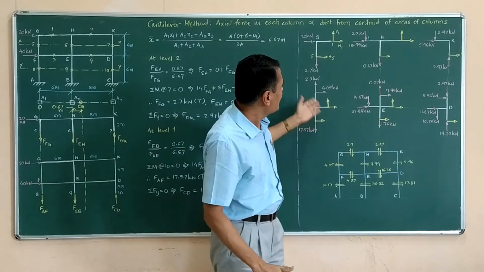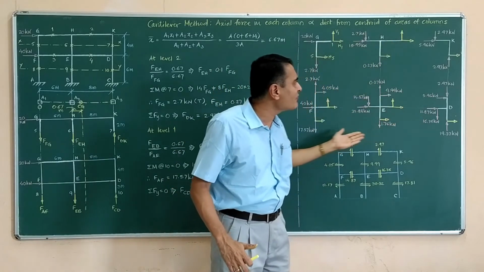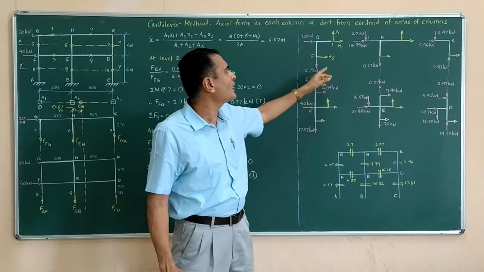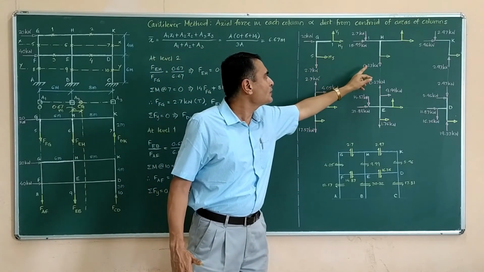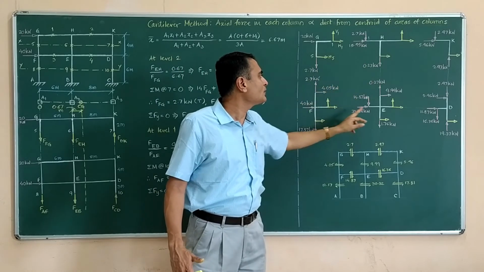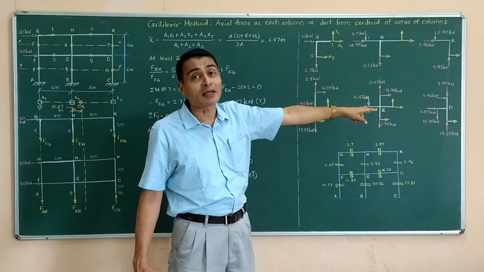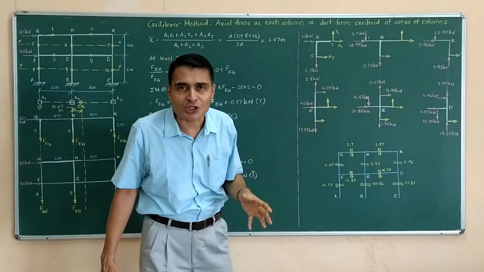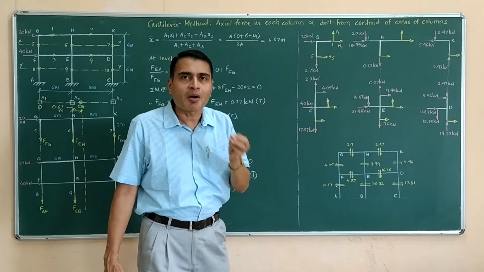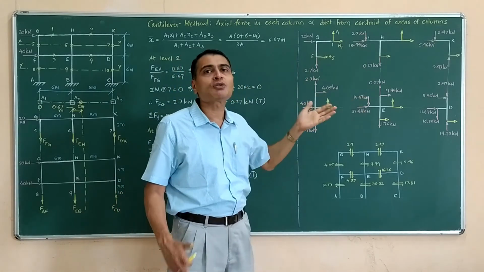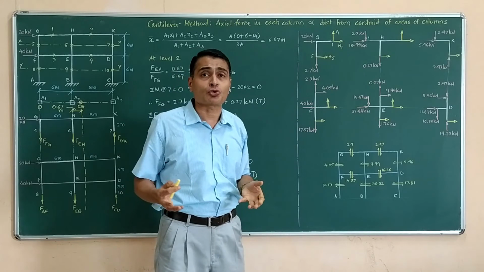So yes, after solving all these FBDs, which are 6 FBDs in all, you have to apply the 3, 3, 3, 3. That is 12 equations plus one more there and one more there. That means 40 equations in all. That is some amount of work, no doubt. And then you get all your axial forces and all your shear forces.